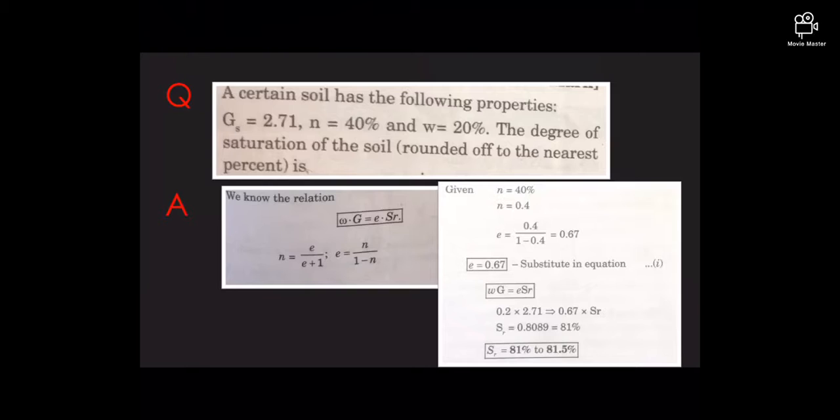By substituting the value of porosity, we are getting the answer for void ratio as 0.67. Just substitute this value in the main equation, G into w is equal to e into Sr. So we are getting Sr, which is degree of saturation, as 81 to 81.5 percentage.